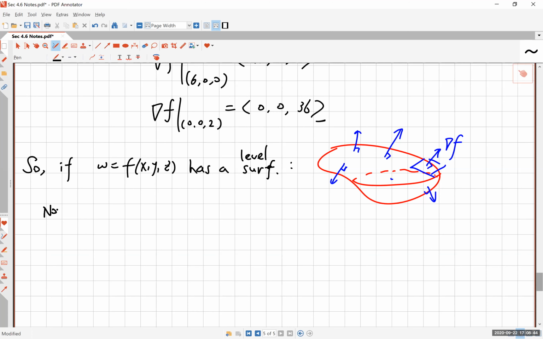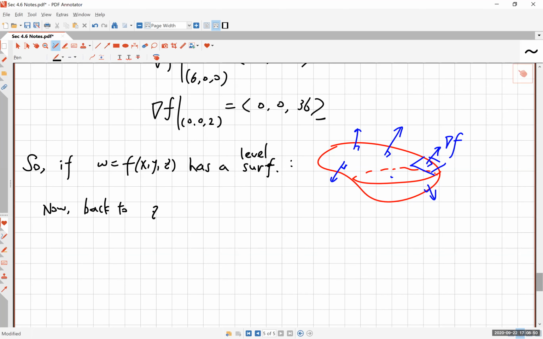Now, let's go back to, and this is only going to take a minute or two, the function z is equal to f of x, y, okay? You could actually write this as f of x, y minus z, okay?